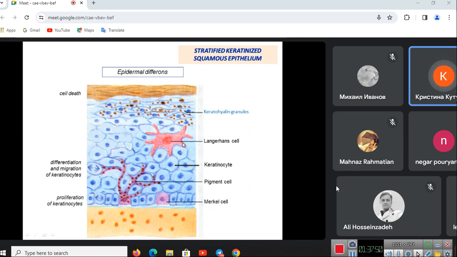So the Langerhans cell is for protection. The pigment cell or melanocyte has the pigment granules which give our skin its color. Merkel cell is to feel touch, so it is the sensitive cell which feels the touch.